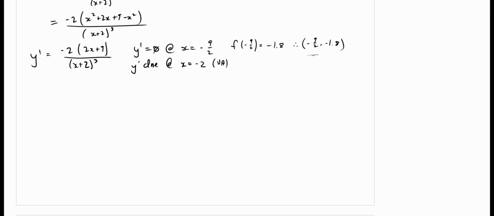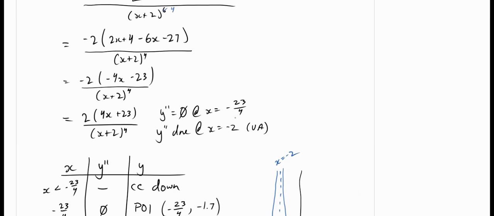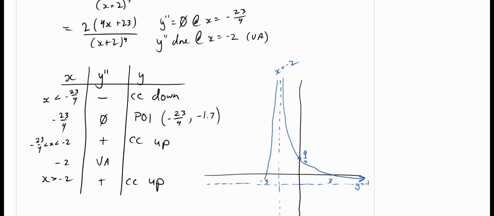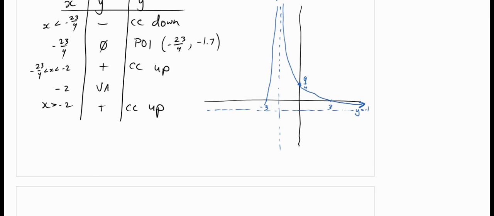At negative 9 over 2, so negative 4.5, and negative 1.8. And there's a point of inflection at negative 23 over 4, so that's around negative 6, we said. And we found the value of negative 1.7.